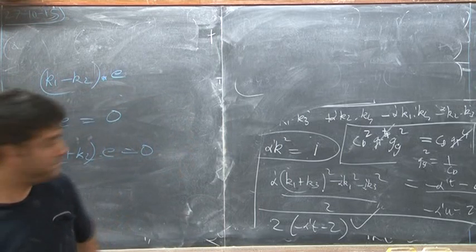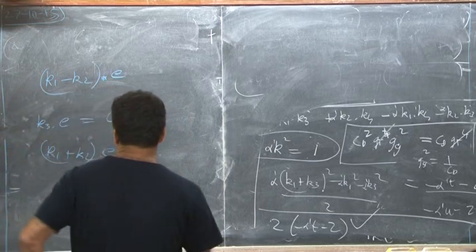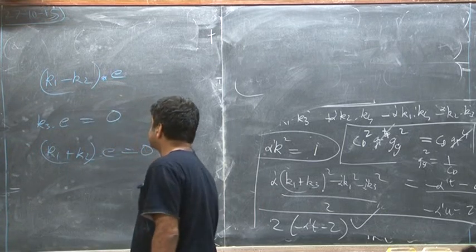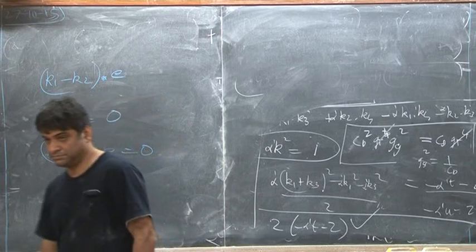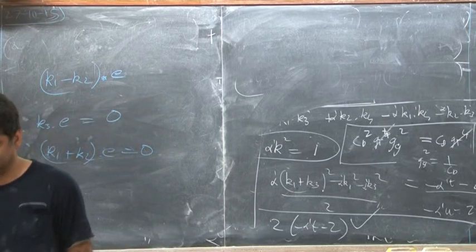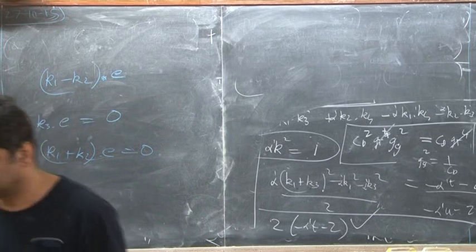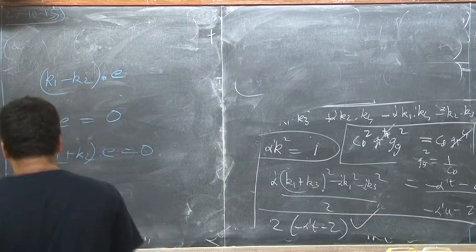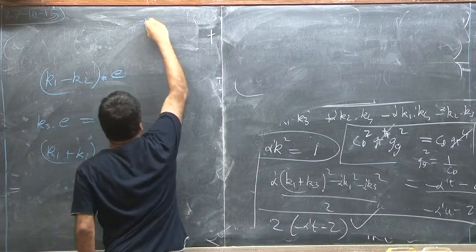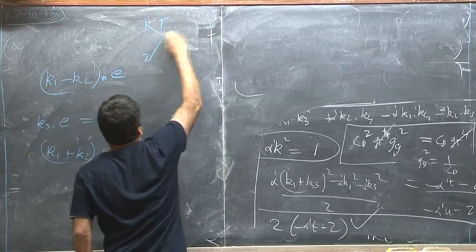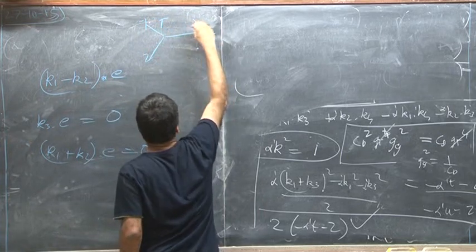Student: Sorry, how did k3 dot e become 0? Because e, the polarization, is transverse. Yes, we're looking at the scattering of 1, which is the tachyon, 2, which is the tachyon, to 3, which is the photon.